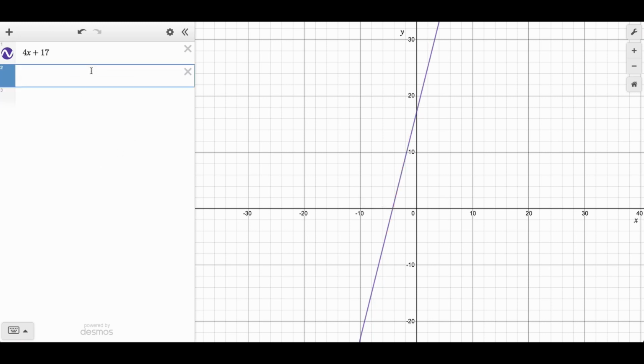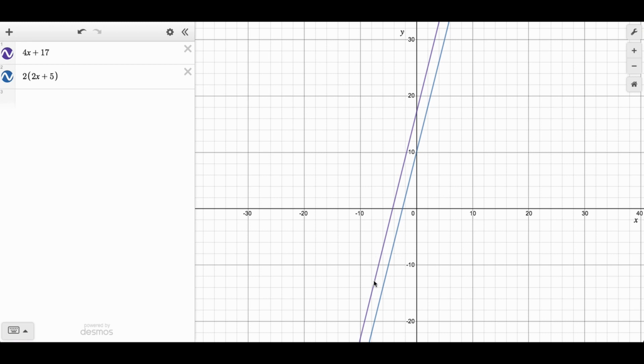Alright, let's take that second expression that we had equated to this and gotten no solution from. 2 times 2x plus 5. We can see that we've got this different line over here.